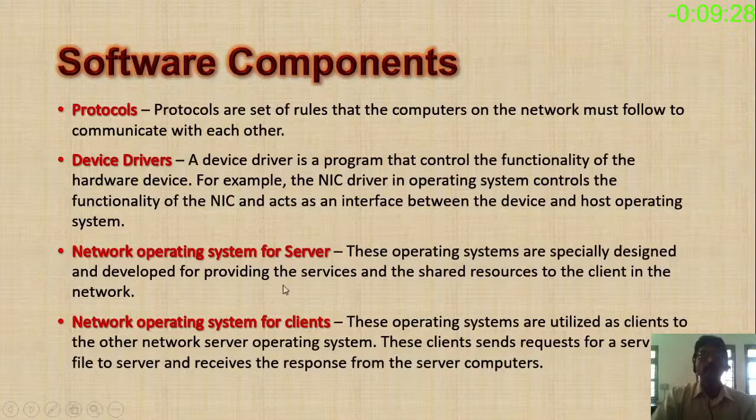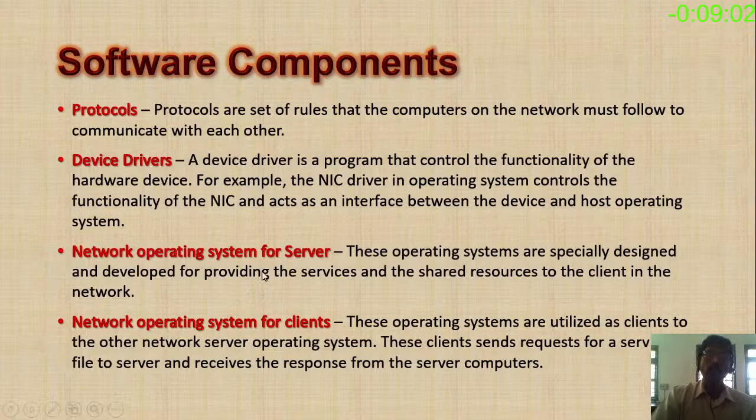that are specially designed and developed for providing services and shared resources to the clients in the network. That means these are the operating systems which will provide some service and some shared resources, like hardware or some software or some files.